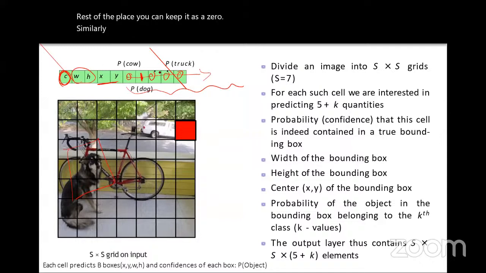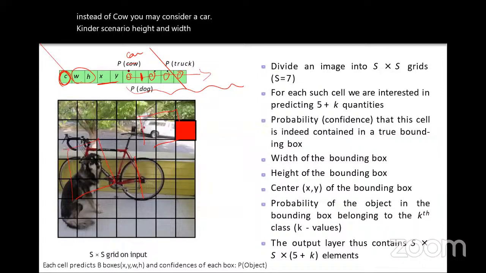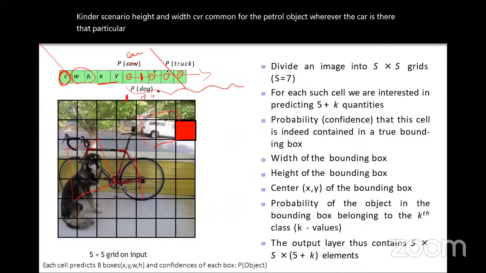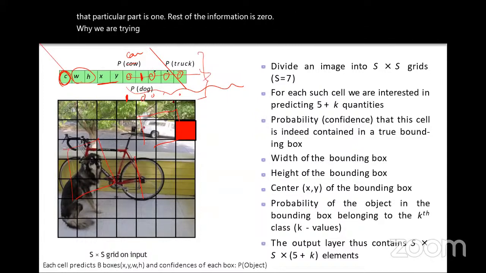Similarly, there will be another category, let's assume a car category, for example. Instead of cow, you can consider a car. In that scenario, height and width and C, W are common for that particular object. Wherever the car is, that particular part is 1, the rest of the information is 0. Why are we using the one hot encoding concept here? To easily calculate our losses. That is the advantage of using this.